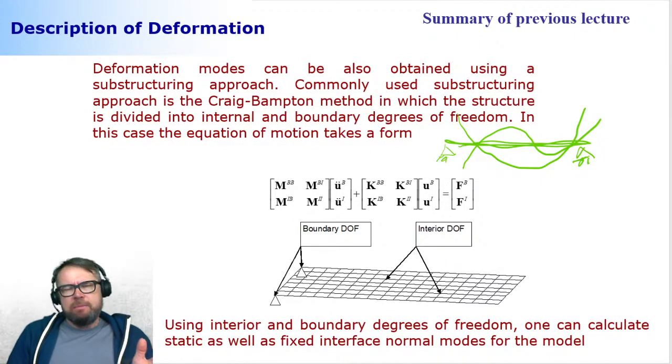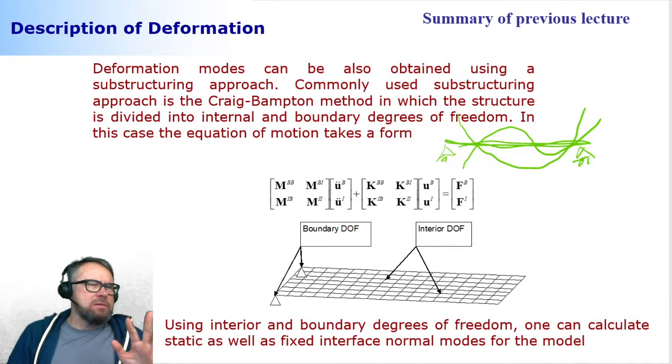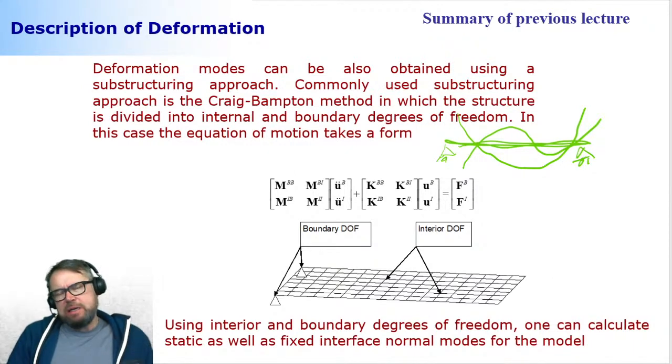The idea of the Craig-Bampton method is that you divide the degrees of freedom in your finite element model into two different categories.